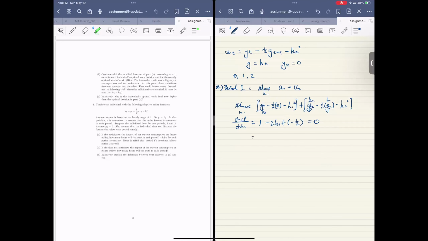So you're supposed to get 1/2 minus 2H1 equals 0. Set them equal. H1 equals 1/4.